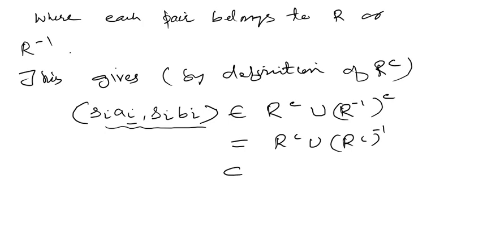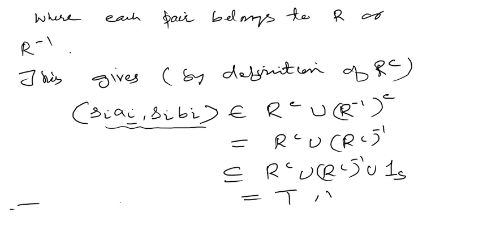And it is obviously a subset of RC union RC inverse union the identity relation on S, that is equal to T. But you know T is a subset of T square, a subset of T cube, and so on. This is true for all i, for all i running from 1 to n. But then, sir, this should be I_X, oh sorry, what are you saying?